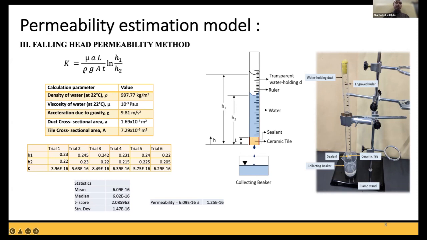We used water to test the permeability of our specimen. On the right side, you can see the experimental setup we developed. Finally, we found the permeability for the falling head method to be 6.9 something, again in the order of 10 to the power minus 16.